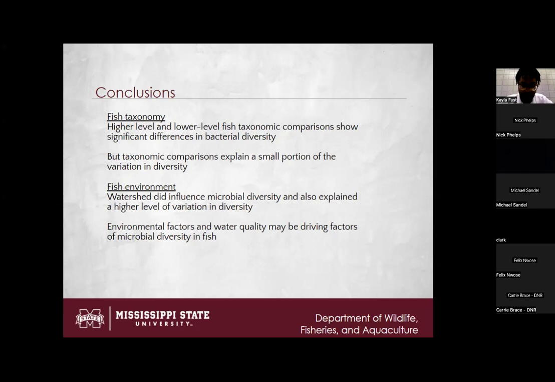And the same with the localities of the fishes. We do see a significant difference in the bacterial diversity between sites where the fish were collected, but that's not simply explained by the locality.